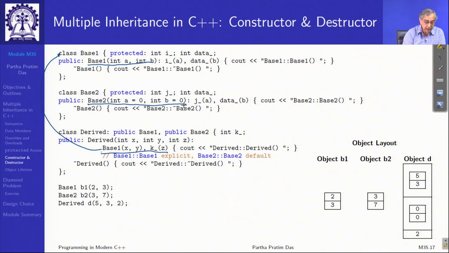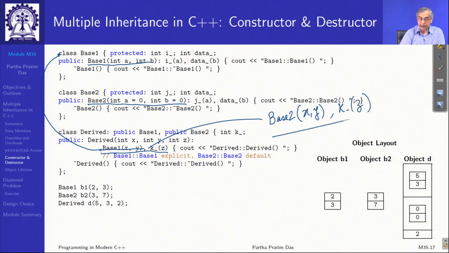For example, in this case you could not have written this, say you wanted to write base 2 x y and then k underscore z. If you write this, the compiler will give you an error, because if you are skipping base 1, then base 1 needs a default constructor which it does not have.